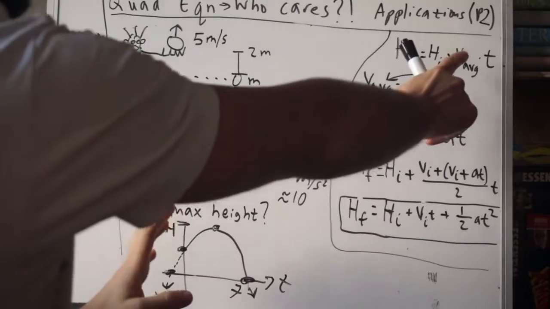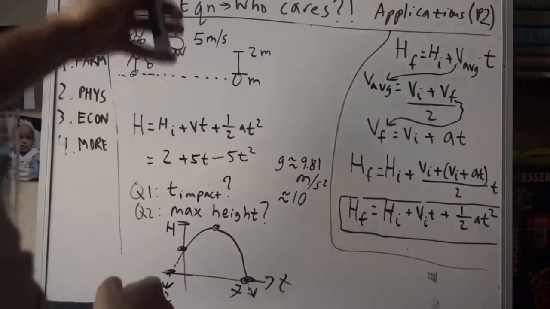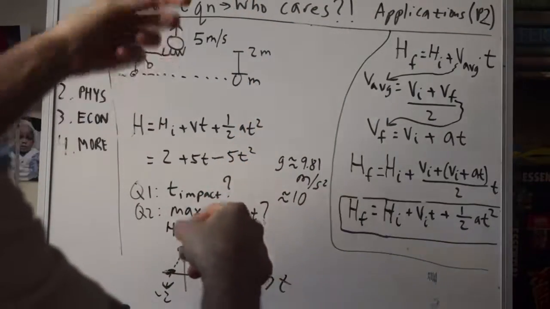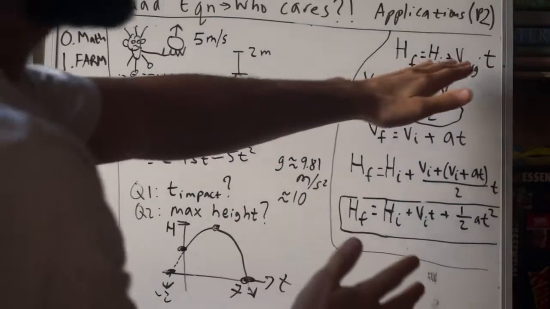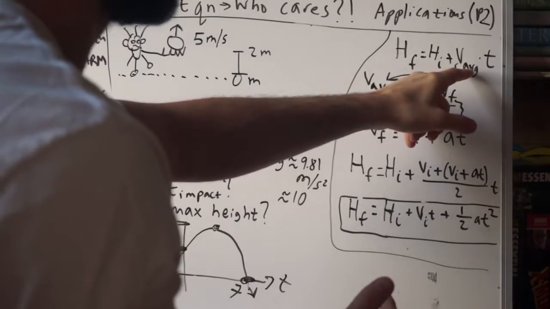Now we don't want just any velocity, we want the average velocity, because keep in mind, whatever your velocity is, gravity is working against it, so your velocity number is changing over time. If we take the average velocity, then that's going to tell us where we actually are. So what's the average velocity?